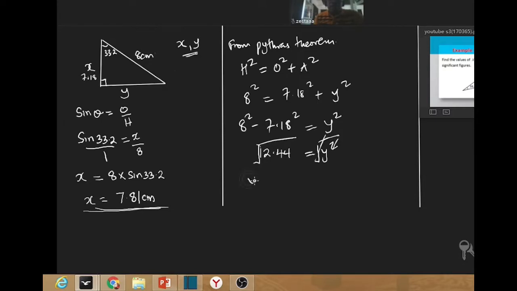So y will be equal to the root of 12.44, and this y will be equal to 3.52. That will be your given point y.